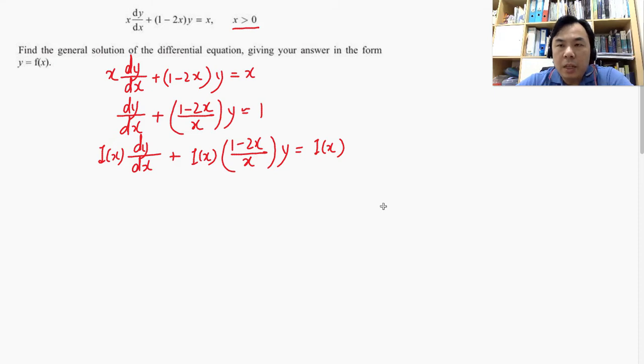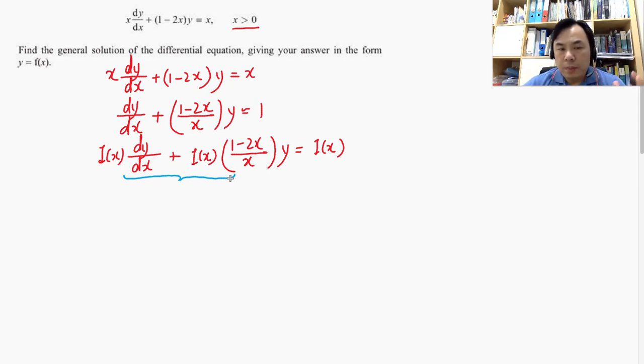That is the integrating factor that I have introduced into my equation here, which is known as I(x). You can label it anyhow you like.